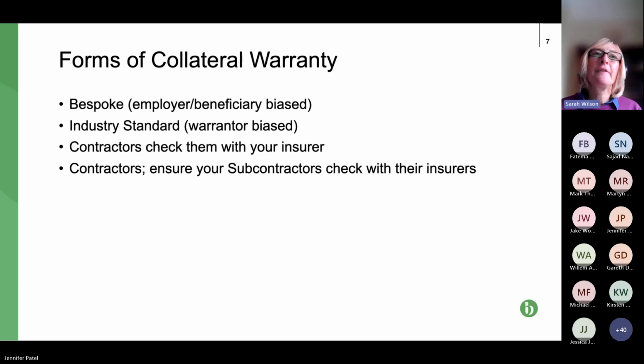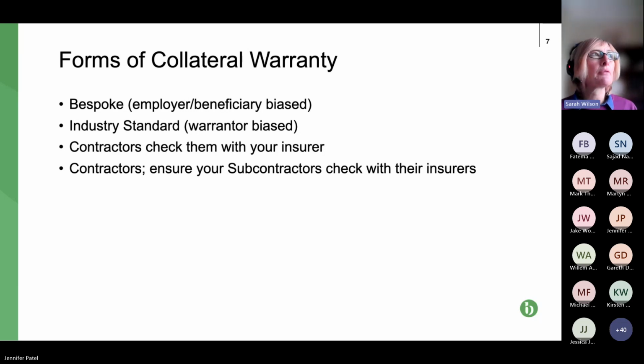And then finally, contractors, ensure that your subcontractors and, of course, any consultants check the warranties that they will have to enter into, which will be in pretty much the same form as the contractors'. Encourage them to check them with their own insurers.